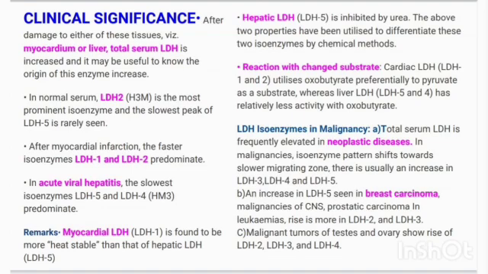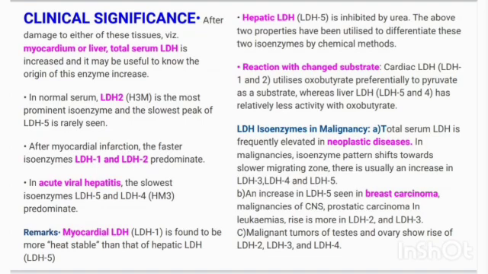For example, cardiac LDH, that is LDH1 and 2, utilizes hydroxybutyrate preferentially to pyruvate as a substrate. Whereas the liver fraction, that is LDH5 and 4, has relatively less activity with hydroxybutyrate. So this helps us to differentiate these enzymes when doing practical analysis.